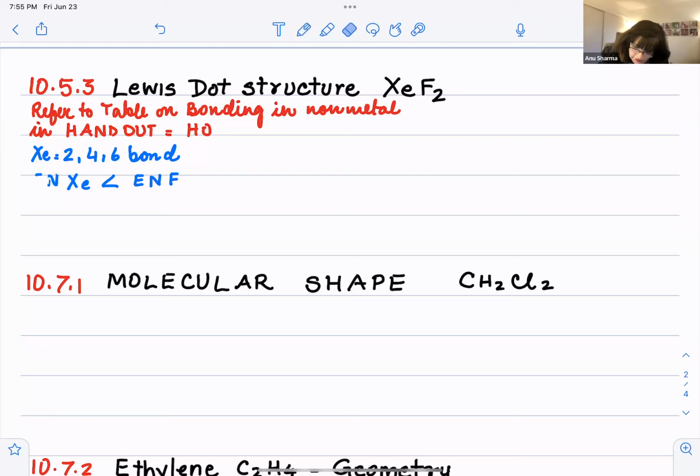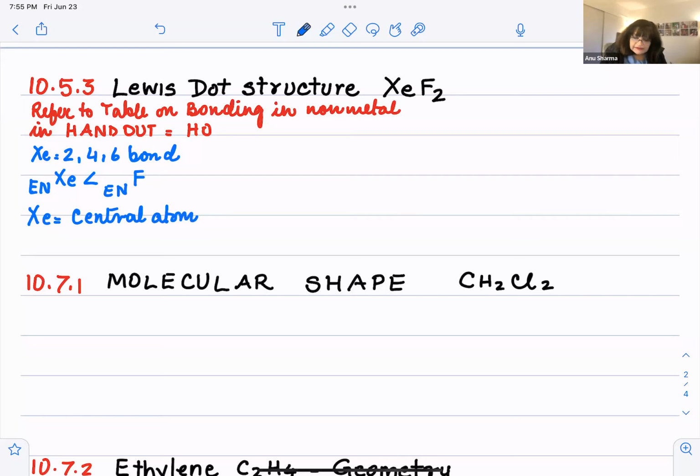Let me put this here, lower. So xenon is going to be the central atom. This is very important, that you identify this.